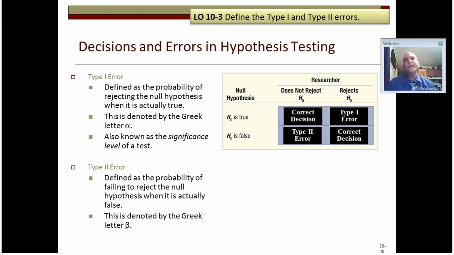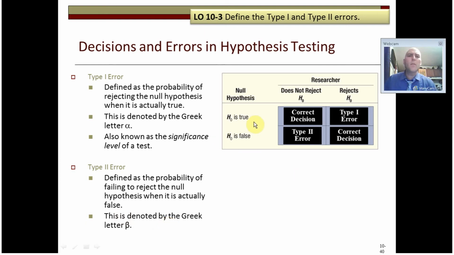But I want to just give a brief idea of how this stuff works. The way I think of these two types of errors, type 1 error, also denoted as alpha, which is also the significance level of this test, I think of as an error of arrogance. I think of type 2 as an error of ignorance, and I'll tell you why.